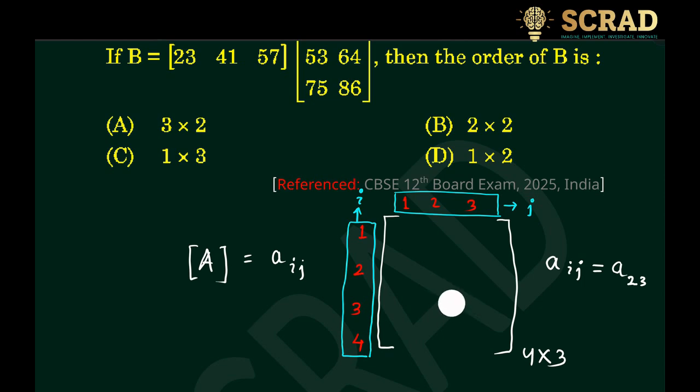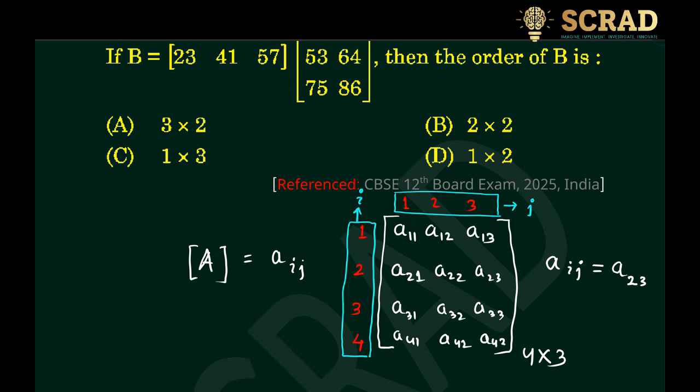For example, the first row, first column will be a_11, first row, second column a_12, first row, third column a_13. I hope this way you can fill in the indices of all the elements. The next elements: second row, first column a_21, then a_22, a_23, similarly a_31, a_32, a_33, then a_41, a_42, a_43. So the indices represent their row number and column number.